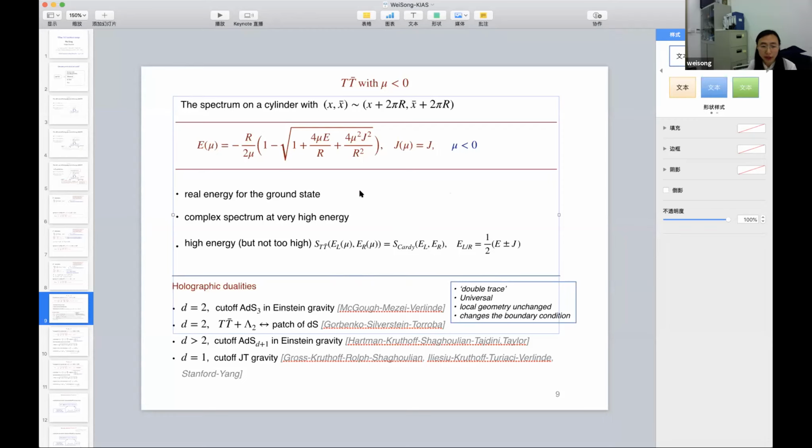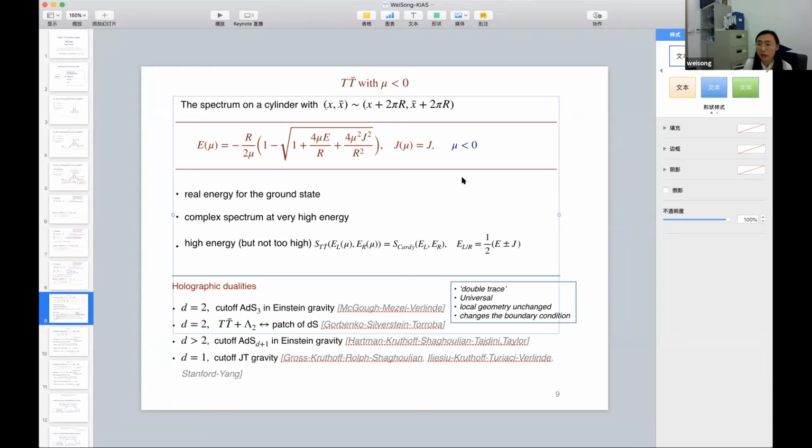For this TTbar deformation, the holographic dual is proposed to be asymptotically AdS geometry in Einstein gravity, but with a finite cutoff in the middle of the spacetime. This cutoff is related to the deformation parameter.